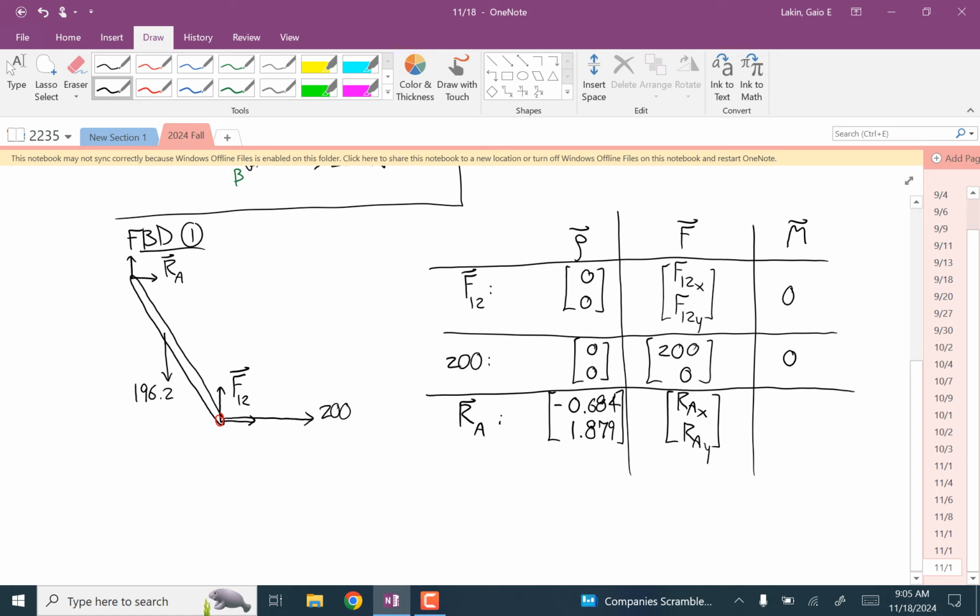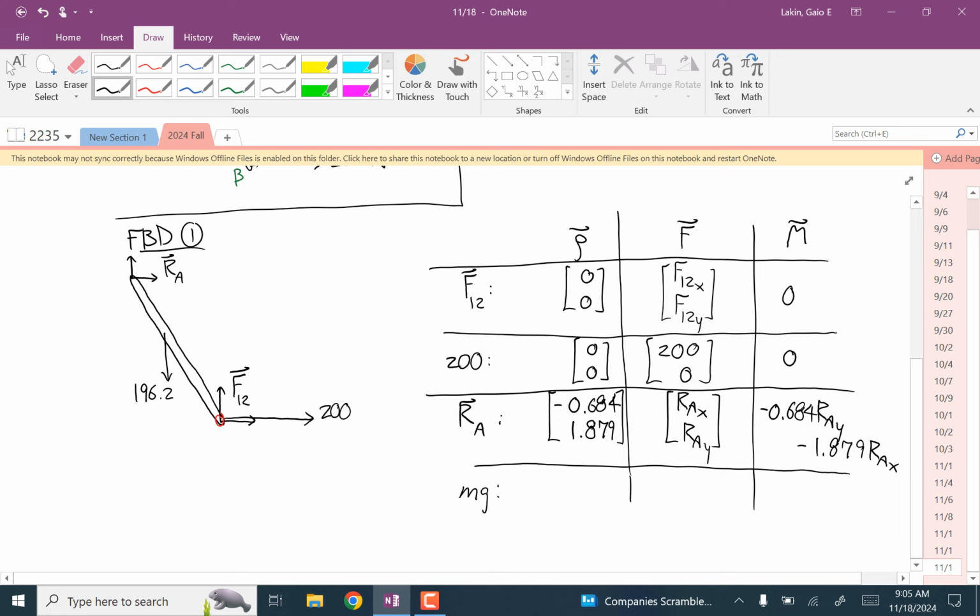And so the cross product is negative 0.684 RAY minus 1.879 RAX. And then last is the weight force. The row vector is negative 0.342, positive 0.940. The force is 0, negative 196.2. And so the cross product is positive 67.10.